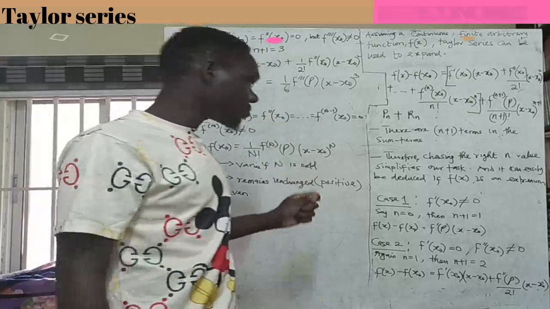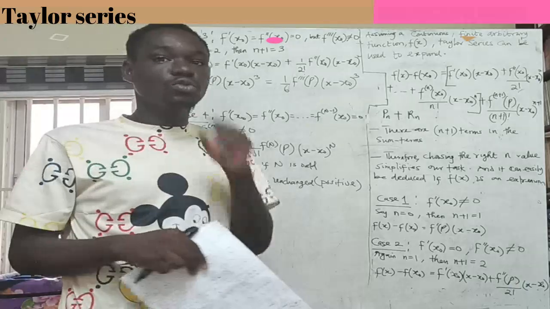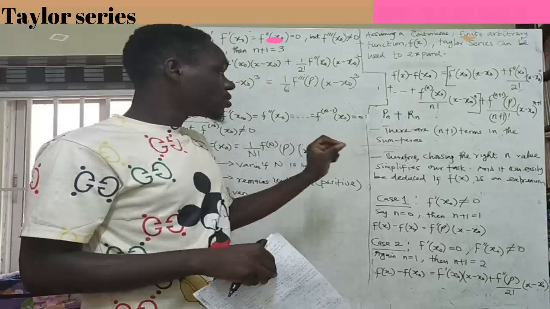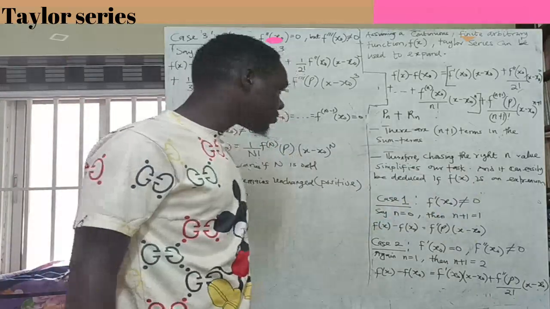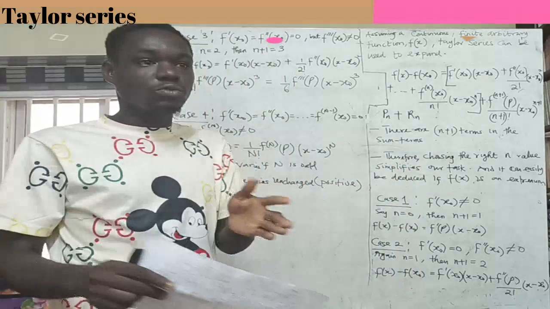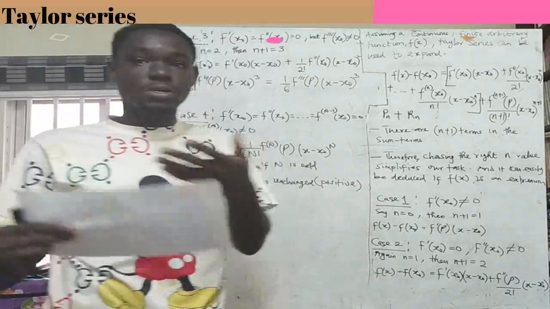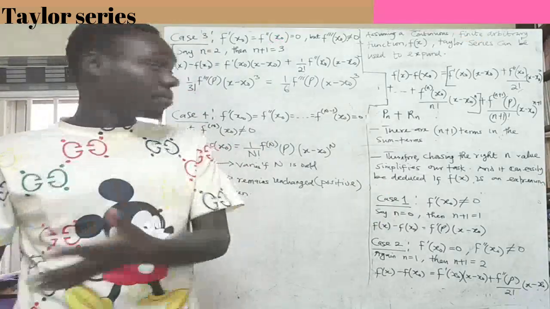So the goal therefore is to be able to choose the right n value, so that we know to what order we have to have our Taylor series, to know if a particular function is going to be a minimum or a maximum.